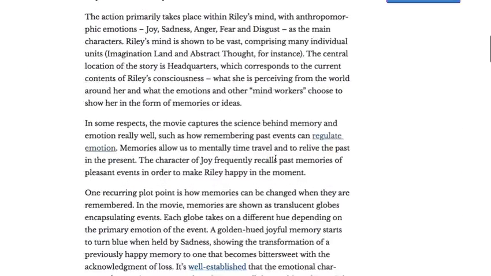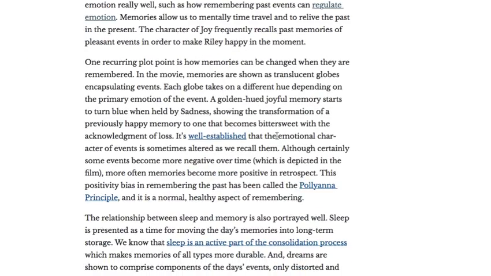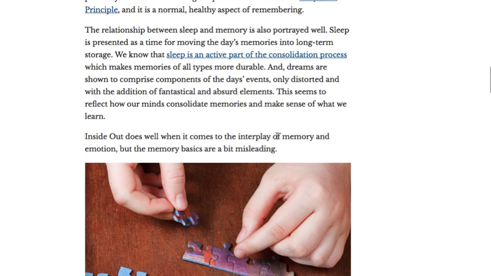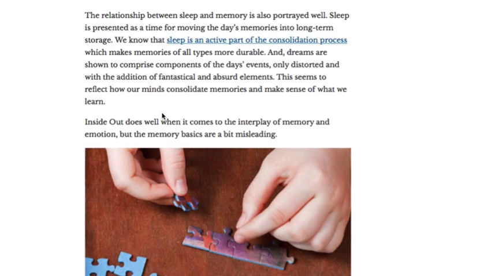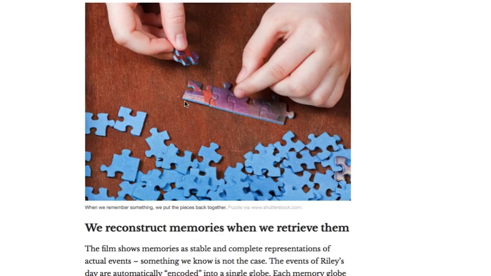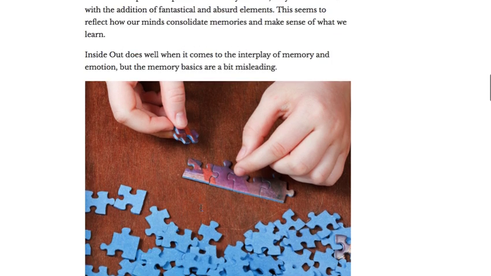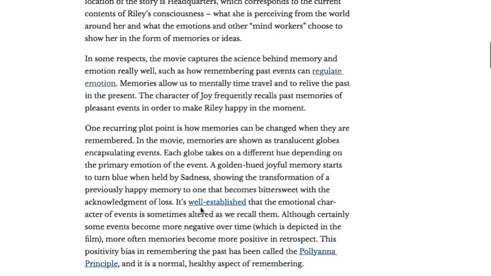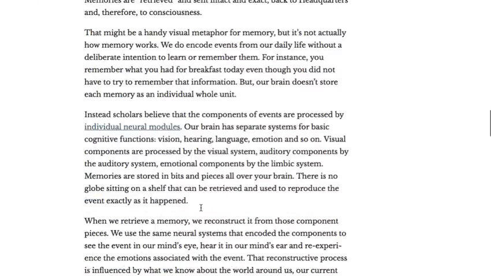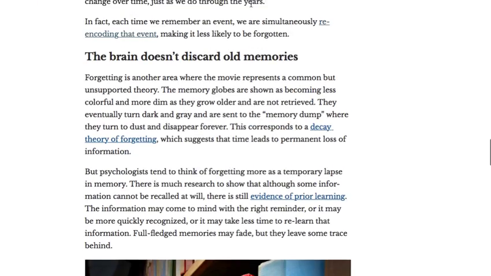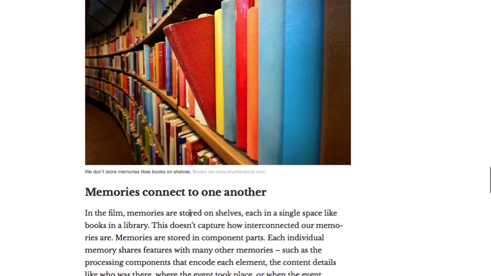Even if we don't go in and look at a really close reading of the text itself, we can note that we've got these pictures with captions that actually tell us things. The next section is that we reconstruct memories when we retrieve them. This tells us that when we remember something, we put pieces back together. Same thing happens here. The brain doesn't discard old memories, and this idea that memories connect to one another.